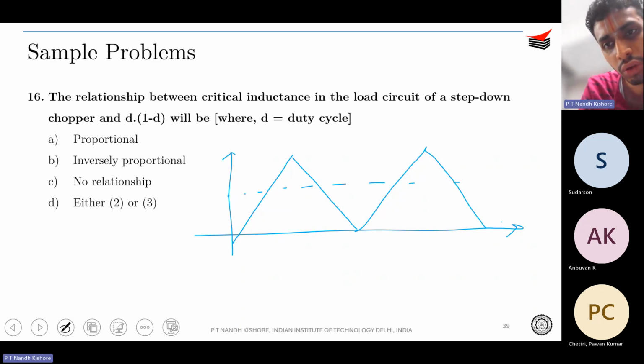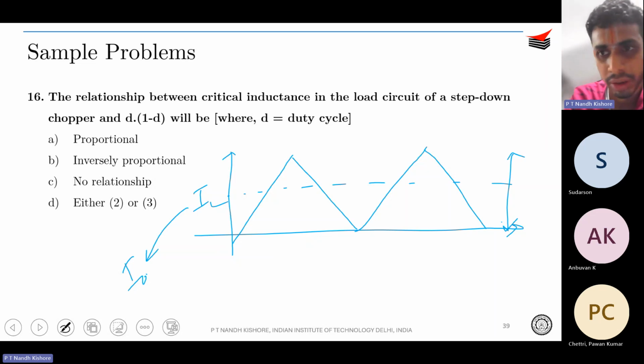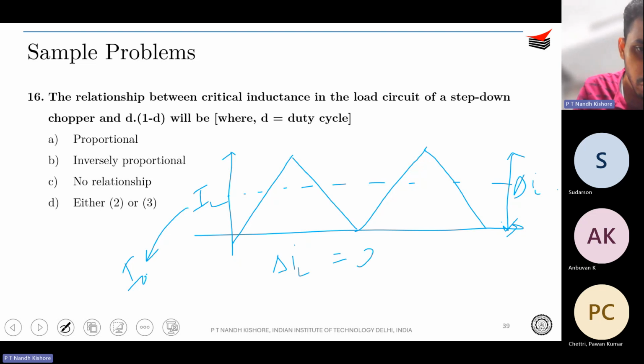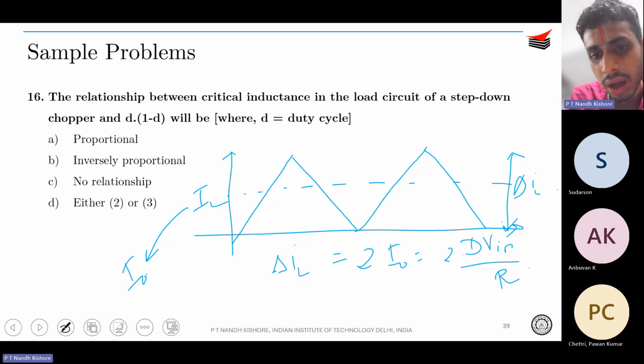So this is your IL, which is the same as I naught in a buck converter or step down chopper. This is your delta IL. You pretty well know that your delta IL is equal to 2 times I naught, or that is 2 times V naught by R. V naught is D times V in. So 2 times D V in by R. So what is delta IL?